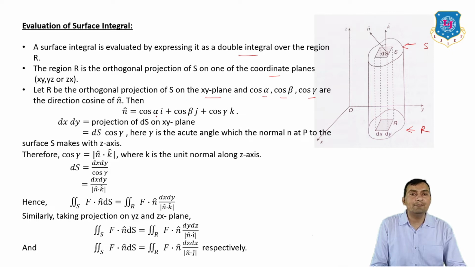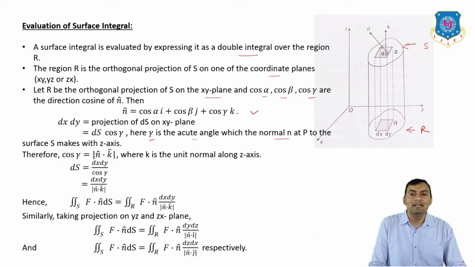Then n cap can be written as cos alpha i + cos beta j + cos gamma k. Whenever we assume the projection on the xy plane, dx dy is the projection of dS on the xy plane. So this can be written as dS cos gamma, where gamma is the acute angle which the normal at P to the surface S makes with the z axis.